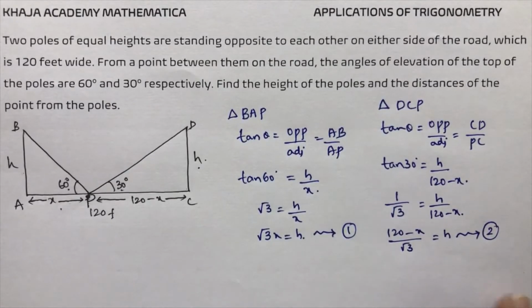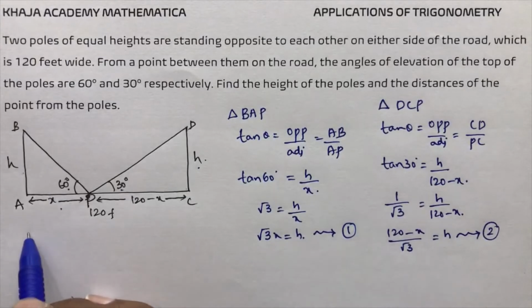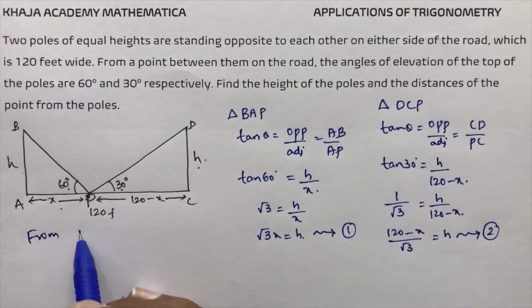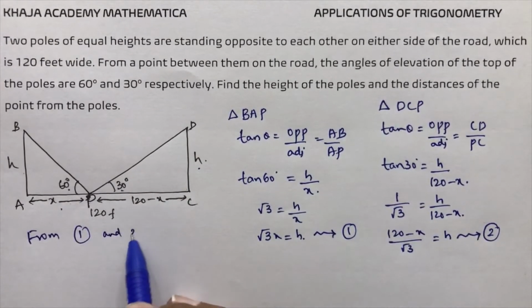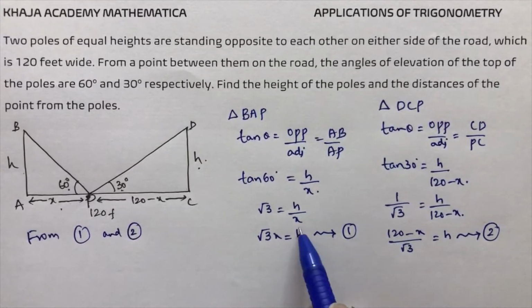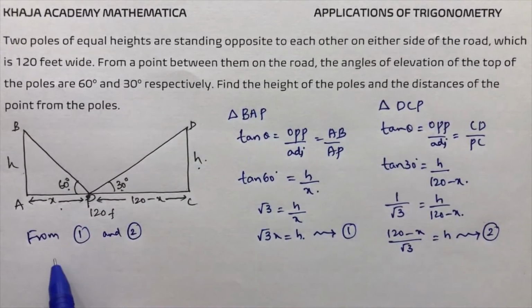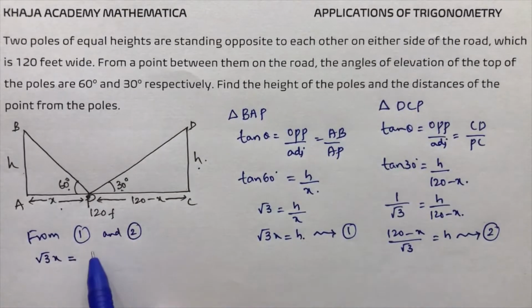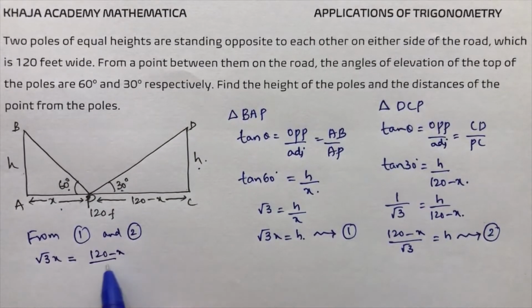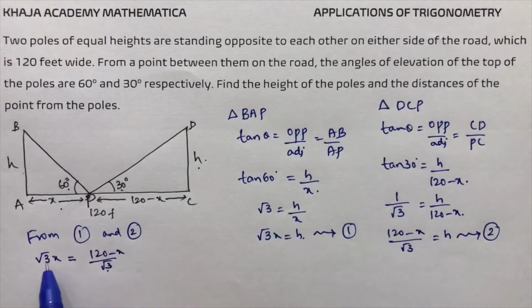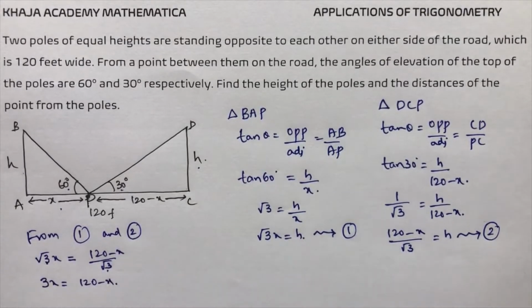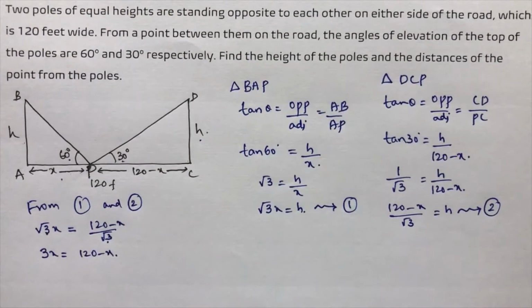Now see, from equation 1 and equation 2, h is common. So if I write root 3 x equals (120 minus x) by root 3, root 3 into root 3 is 3, so 3x equals 120 minus x.